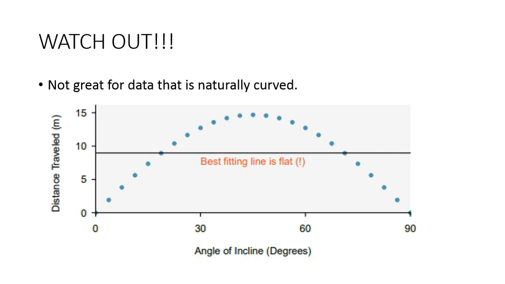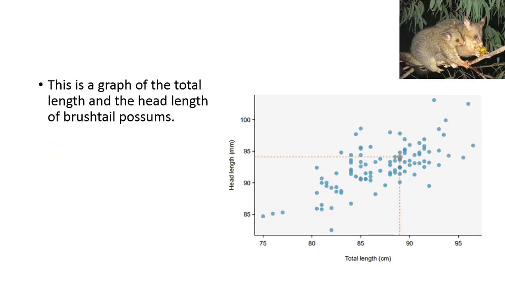But if you're shooting at 90 degrees, or straight up and down, it's not going to go anywhere. So as you see, this is a parabola. It's a curved shape. This type of data you would not want to put a line on, because as you see, this line of best fit is a horizontal line, which doesn't really make sense. So if the data is curved in any way, a straight line might not be the best. Okay, and we'll talk about that in more detail.